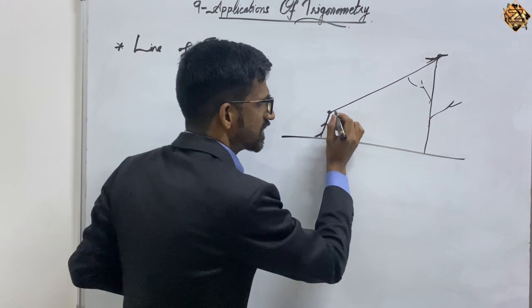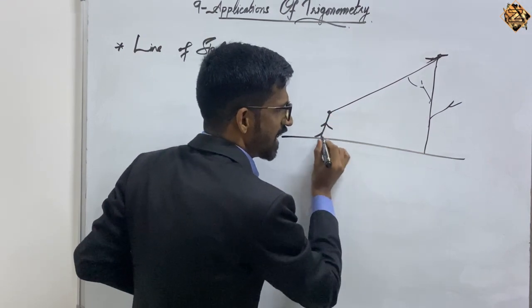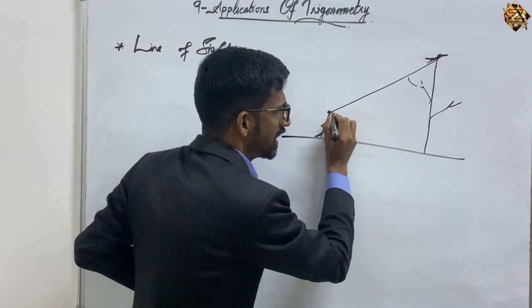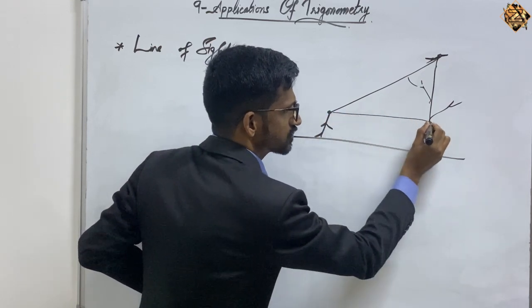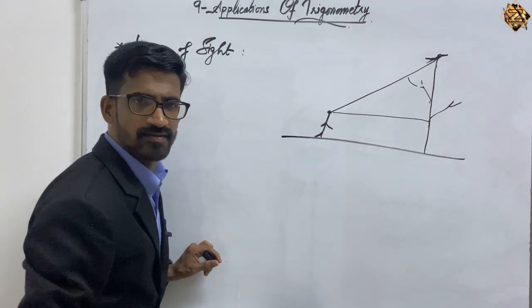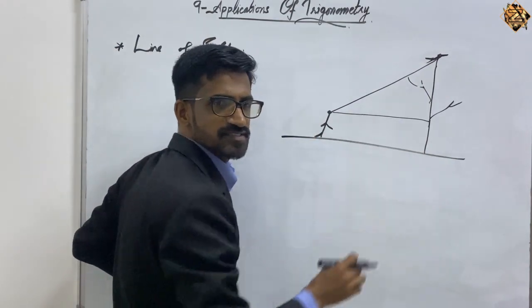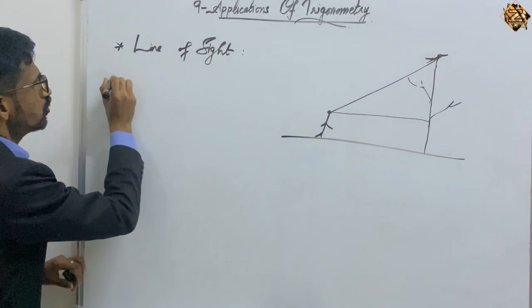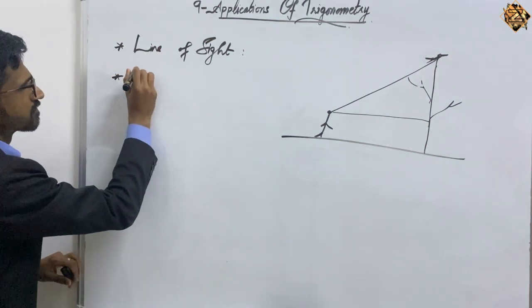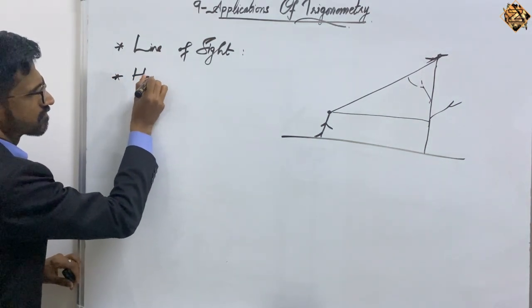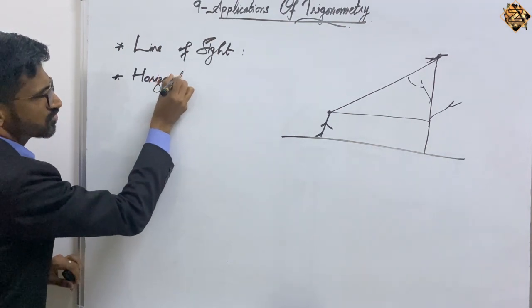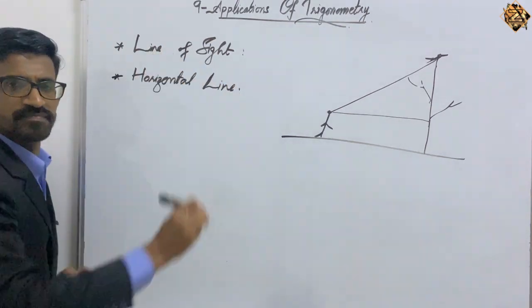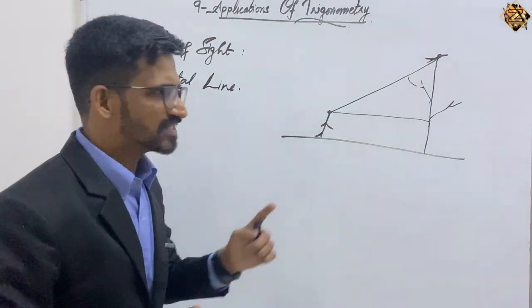Now, if you're drawing a line parallel to this is the ground, okay? So, if you're drawing a line parallel to the ground, to the tree, parallel to the earth's surface, this line is called a horizontal line. Line of sight. What is line of sight?